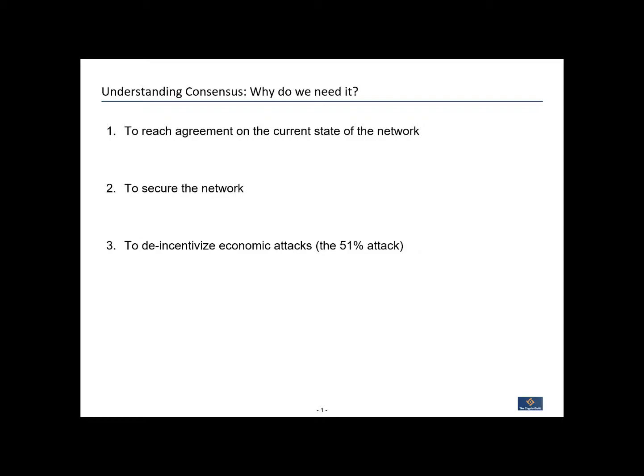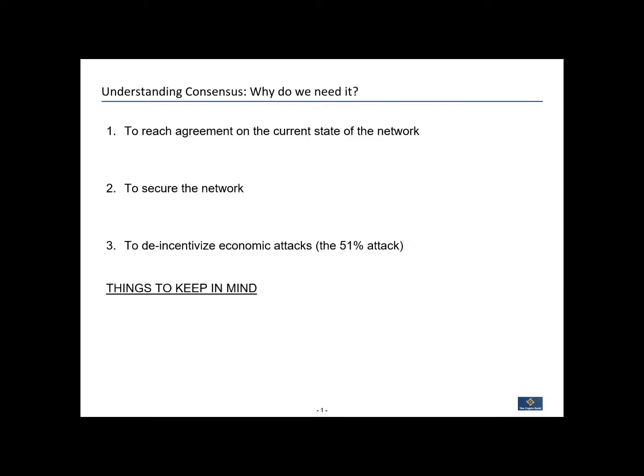And we'll talk a little bit more about that in proof of stake. But suffice to say that the consensus mechanism disincentivizes these economic attacks. It just makes it not viable from an economic perspective to do these attacks. You would lose significantly more than you would gain, right? So consensus helps you enable that.